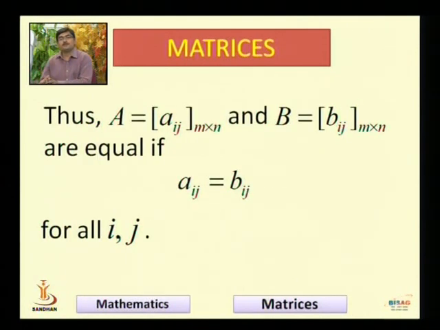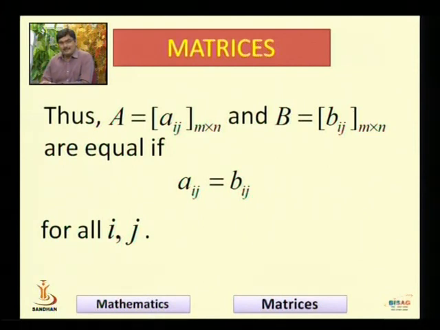So, here it is. First of all, we have taken two matrices, A is an m cross n matrix and B is an m by n matrix. Now, let us see when they are equal.